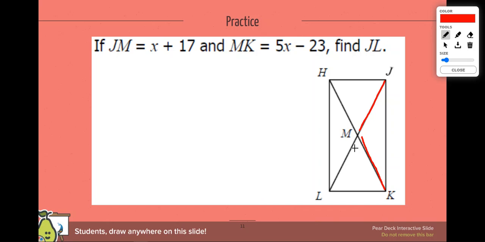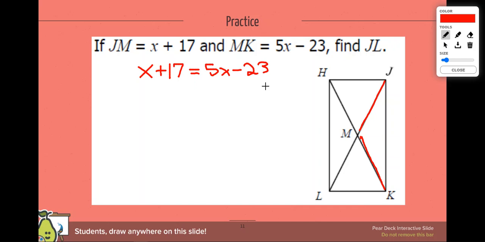Because they're both halves of a diagonal and because our diagonals are congruent, we know they're equal to each other. So we can just set this equal. X plus 17 has to be the same length as 5x minus 23.